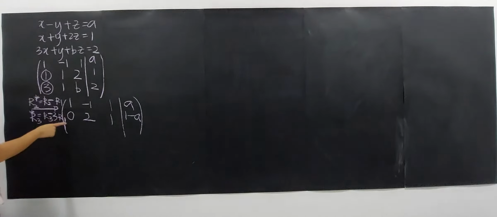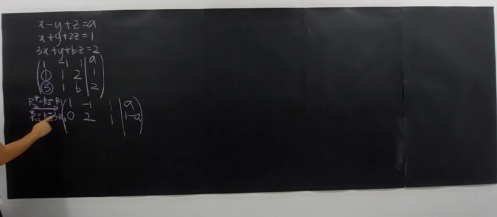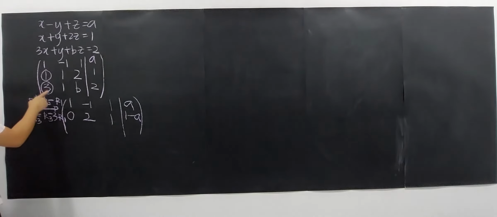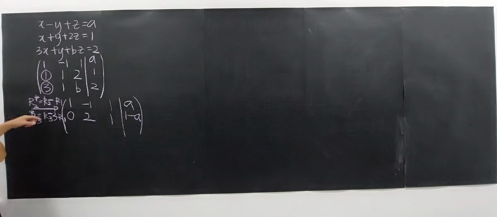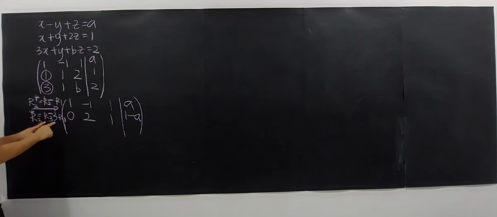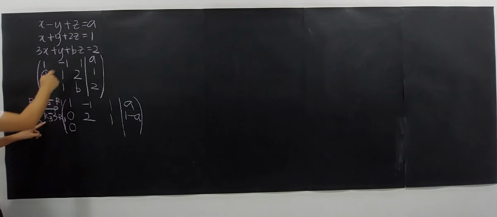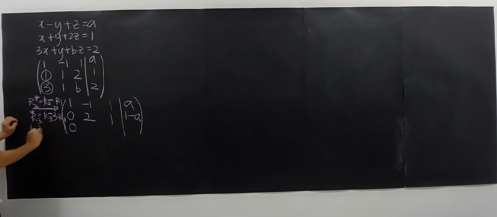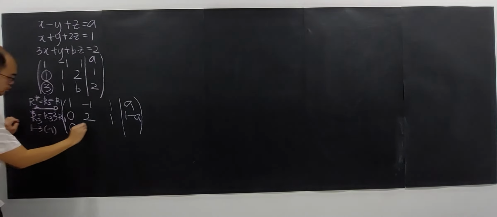And now row 3 minus 3 times row 1. So you're taking the element from row 3, 3 minus 3 times the element from row 1, which is 1, so you're getting 0 also. Then 1 minus 3 times negative 1, so you're getting 4.